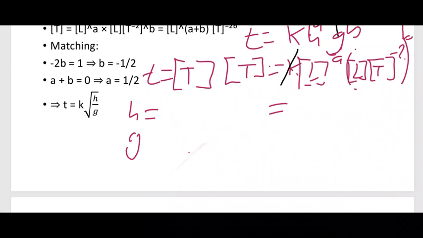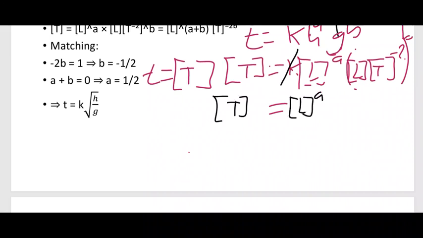So we have T, then L to the power a, and now we distribute the b, so we have L^b and T to the power -2b, because it is multiplication here.